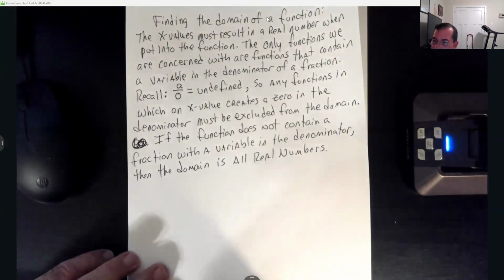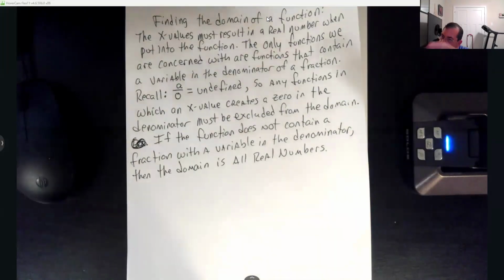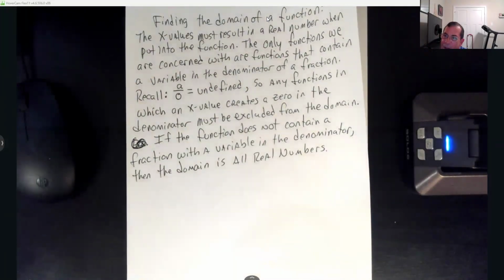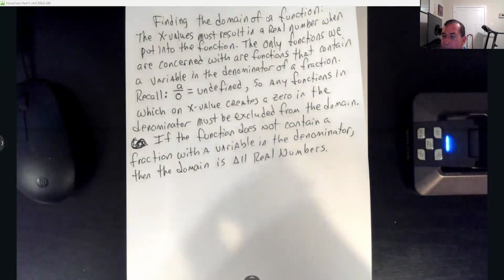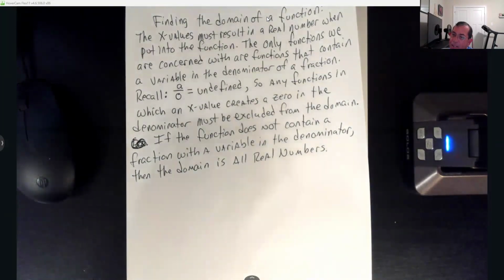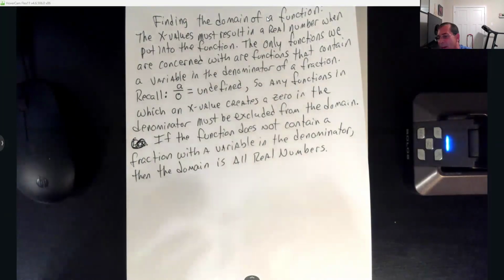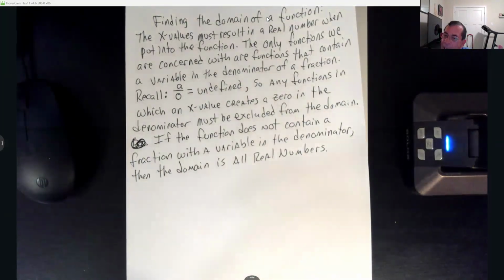So, like I said, if I don't have a fraction with that variable sitting in the denominator, then the domain of any of those functions will be all real numbers. Now, if I do have a fraction, I'm going to see what number makes the denominator equal 0, and I'm going to kick it out of my domain. Okay?